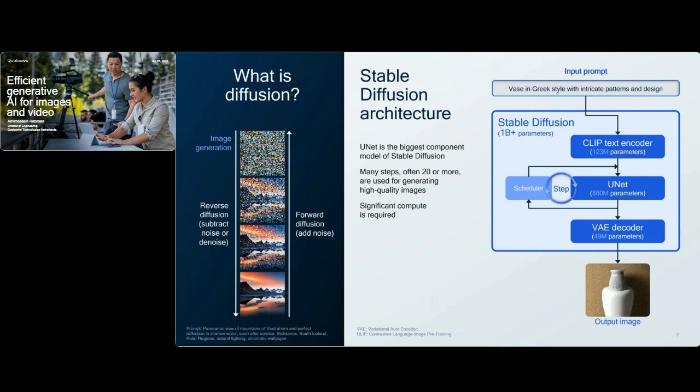But still, most of the parameters of the model are baked into the UNet, so it is still the main bottleneck. Optimizing it would highly benefit image generation and, later on, other downstream tasks for sure.